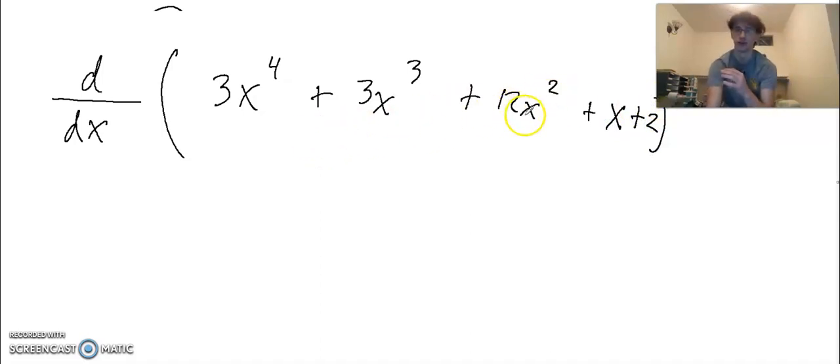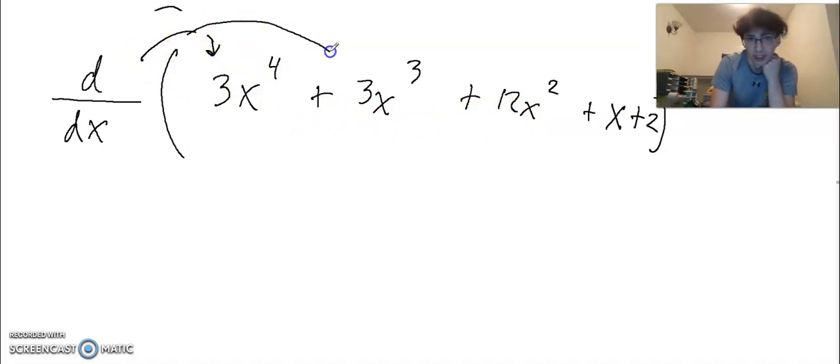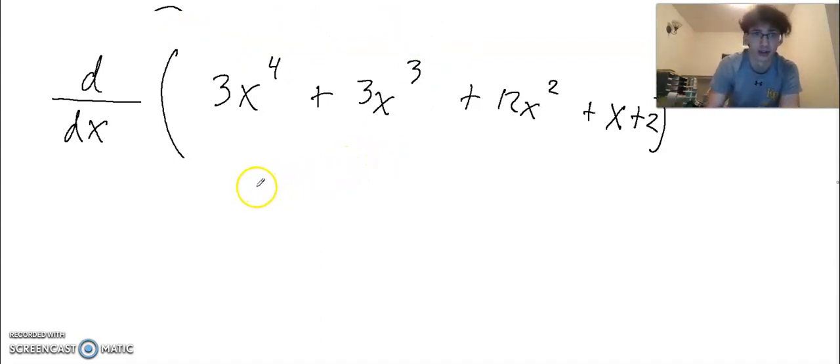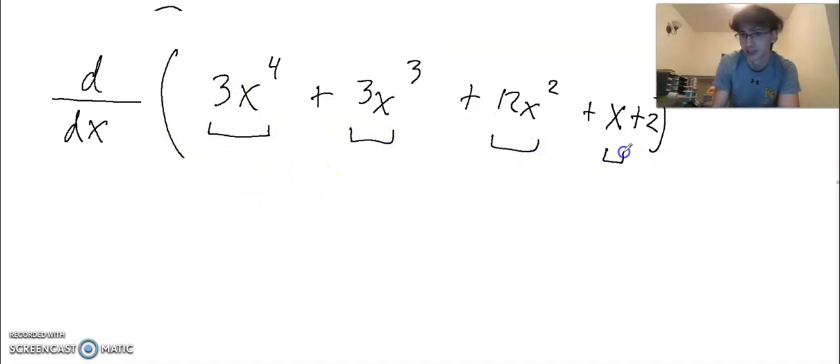Very long derivative, but if you remember, we can just distribute this to everything inside. So let's undo that. So first, what's the derivative of this? Plus that, plus that, plus that, plus that.